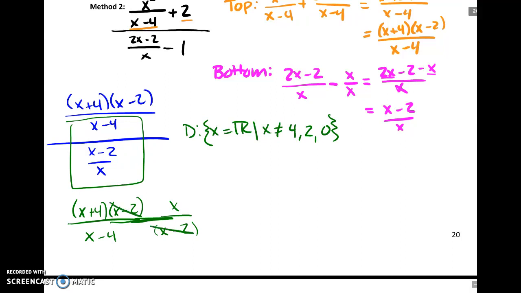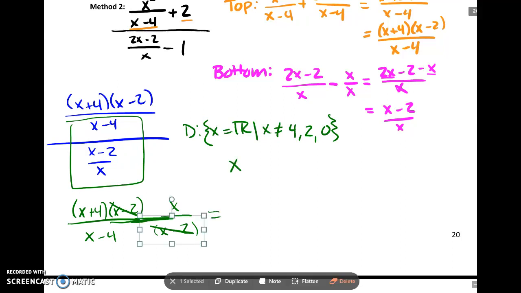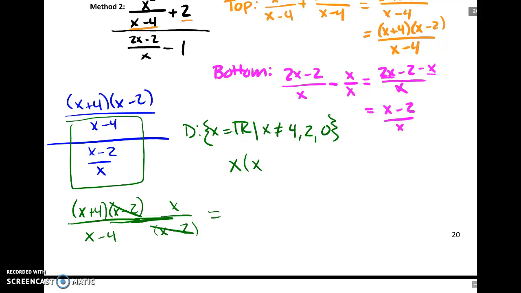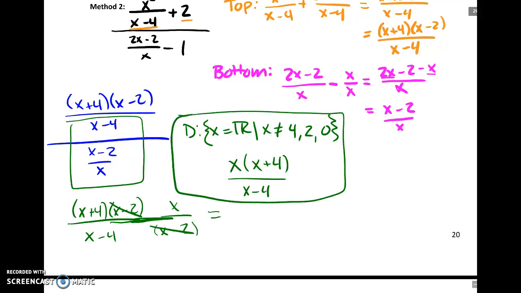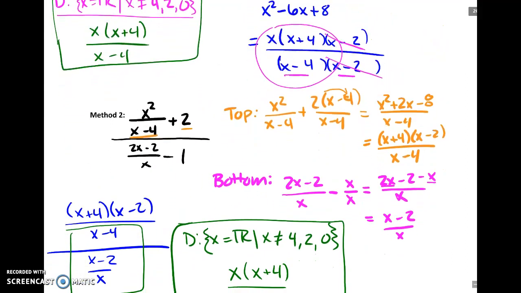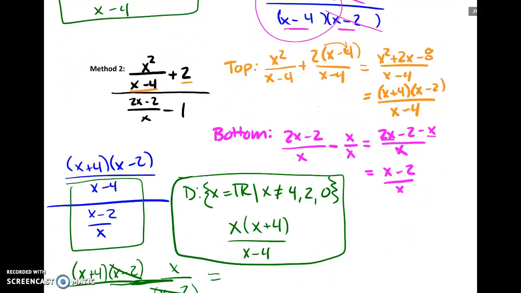So x minus 2 cancel. We're left with x times x plus 4 over x minus 4. So this is the answer, simplified with the domain, and it's the same answer as we got up here, x times x plus 4 over x minus 4.